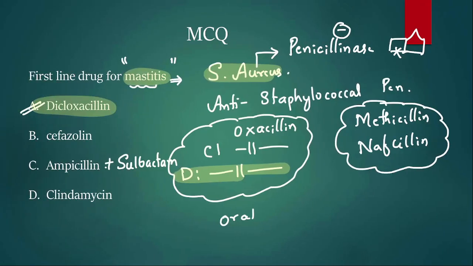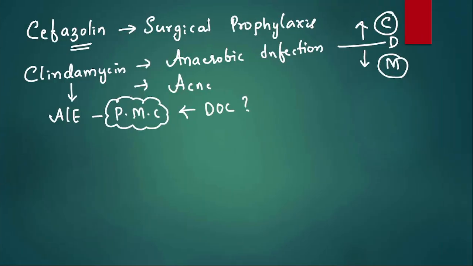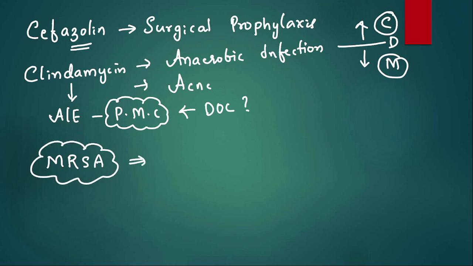So I told you, if we treat Staph aureus, then we give anti-staphylococcal penicillin. Now what happened later? This organism became resistant, that is called MRSA. MRSA is due to alteration of penicillin binding protein.